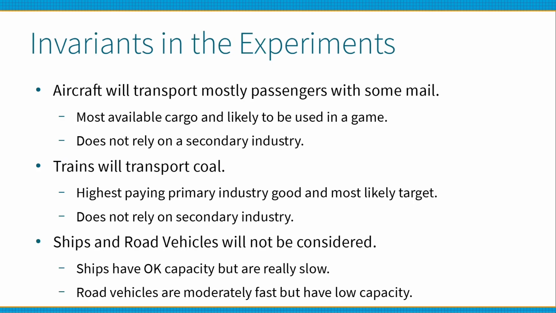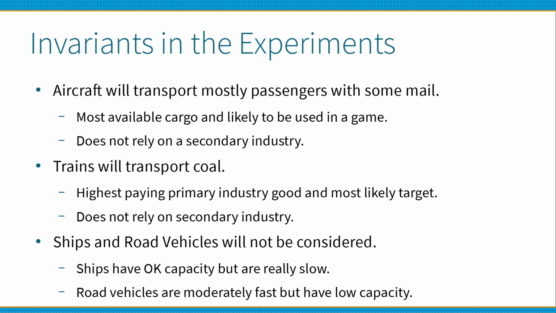So these are things that aren't going to change between each of the two data collection phases that we're going to do. First of all, we're going to send aircraft out with mostly passengers and mail, and that's because it's the most available cargo and it doesn't rely on a secondary industry.